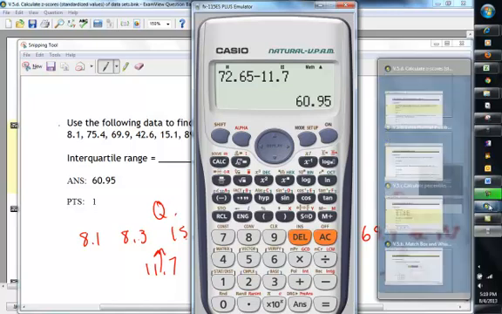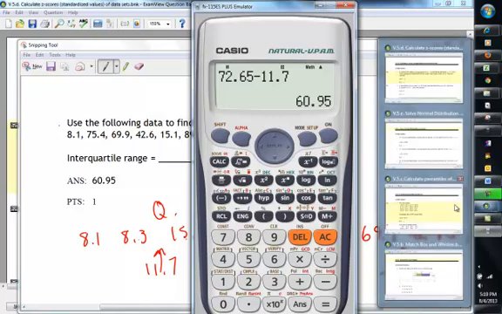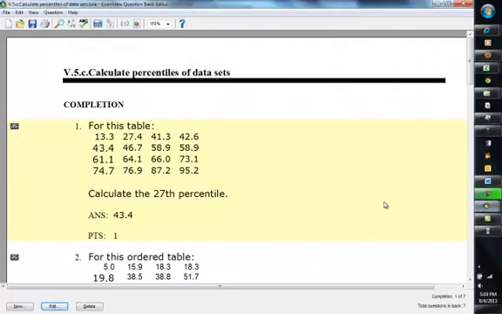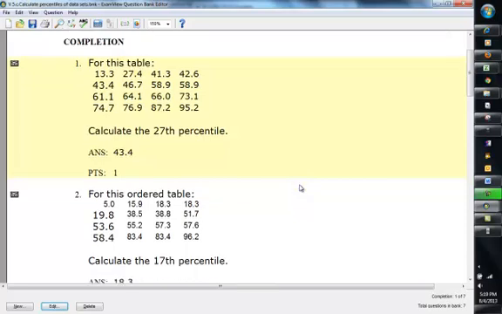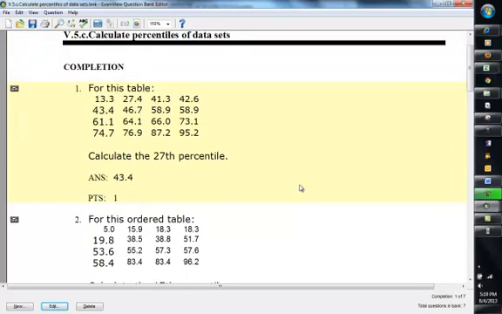Let's see, what do we have left here? Calculate percentiles of data sets. Okay, let's look at this first one. This data table is in order, which helps you calculate percentiles.